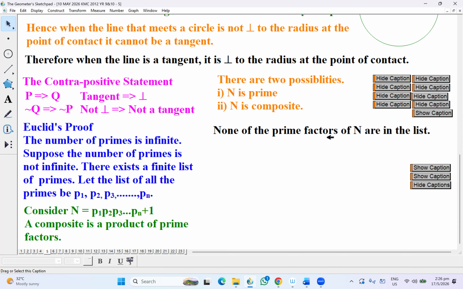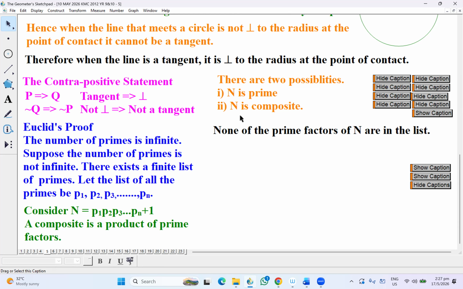None of the prime factors of N are in the list. How to understand? If N is a prime, it is not in the list. If N is composite, all the primes are not factors because of the +1. So none of the prime factors of N are in the list.